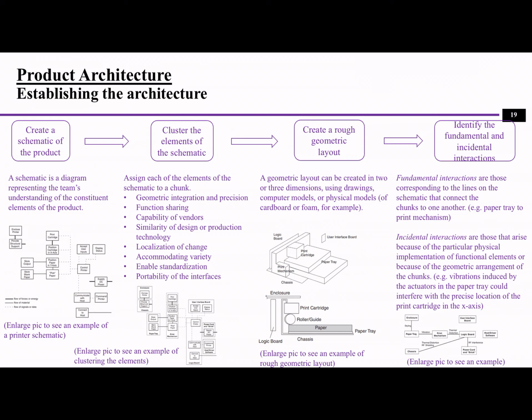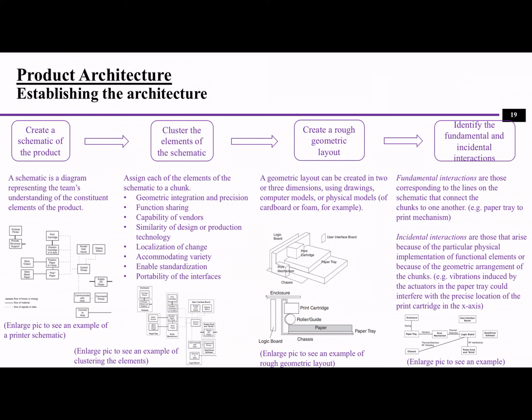You can see here in the diagram, you need to list all the functions and the physical components of the product, and also show how they flow and how they connect to each other. So this is the schematic of the product. After you have this diagram, you cluster some of the elements into chunks.